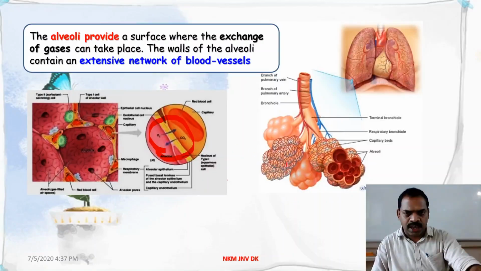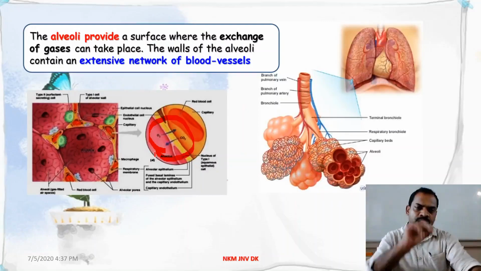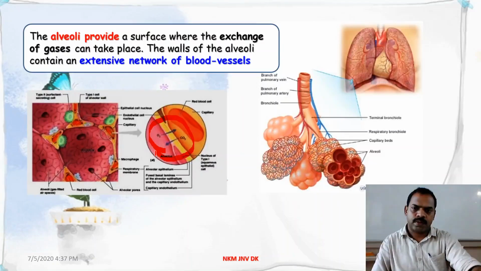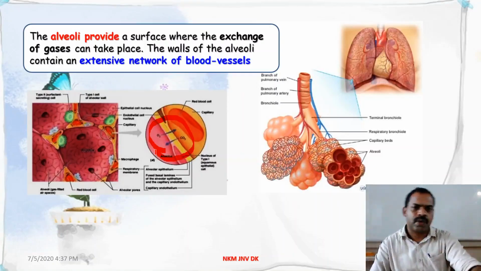The alveoli is covered with a network of blood capillaries. They will bring the carbon dioxide, and the alveoli has breathing air containing more oxygen, so it gets exchanged. That is the use of this thin layer of alveoli.